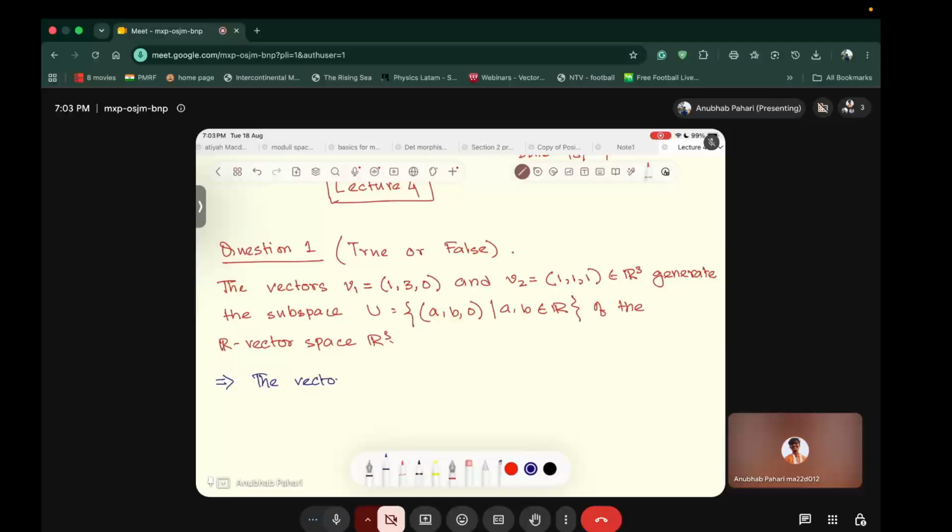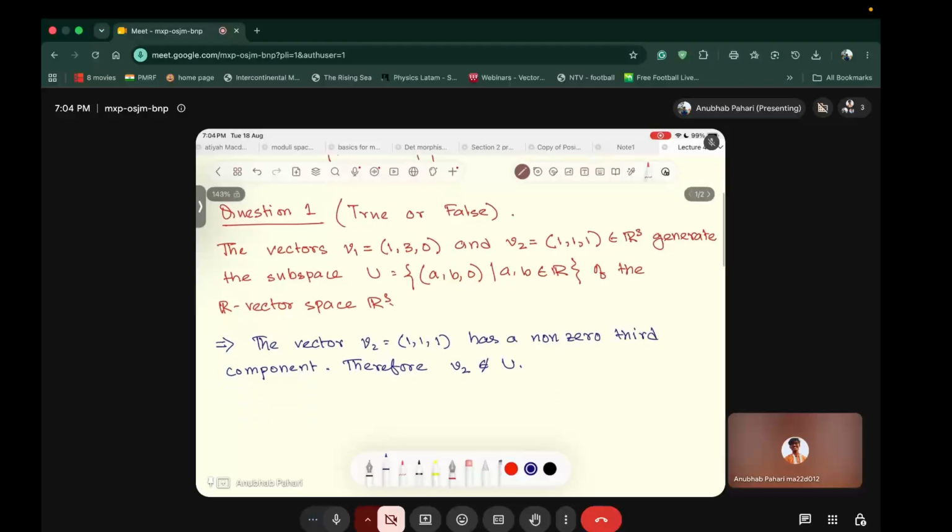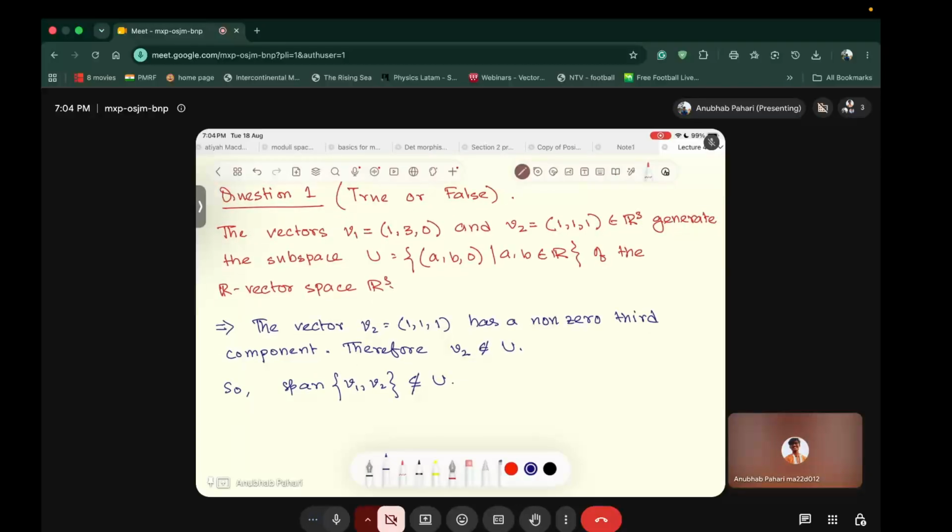The vector v2 = (1, 1, 1) has a non-zero third component, therefore v2 does not belong to U. So the span of v1, v2 does not belong to U, because if v2 does not belong to U and since U is a subspace, its span also is not contained in U. Therefore it is a false statement.